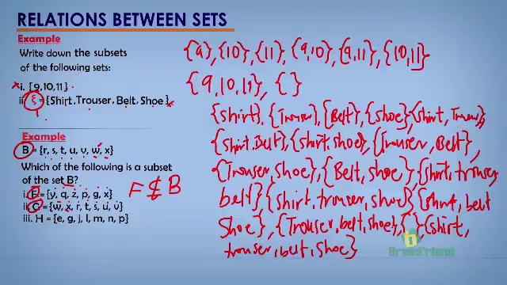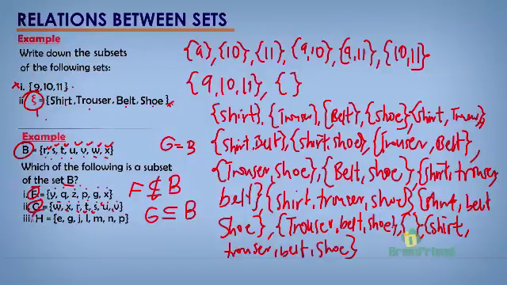X is another element in our set G that is also present in set B. R is also present in set B. T is also present in set B. S is also present in set B. U is also present in set B. And V is also present in set B. All the elements of our set G are also present in B. We could say that G is equal to B, but G is also a subset of our given set B.